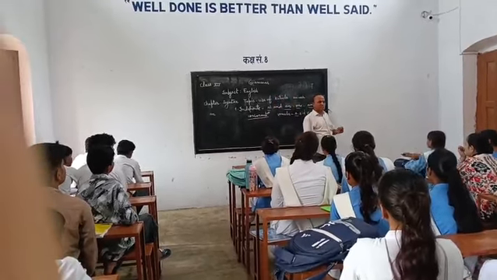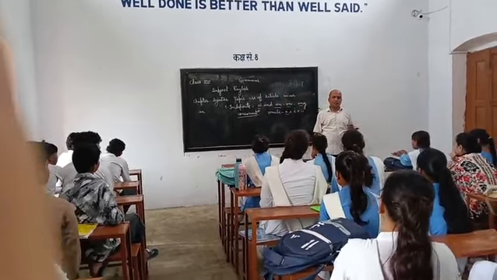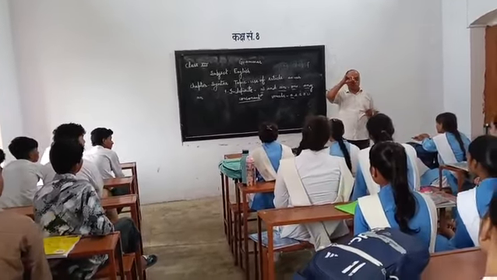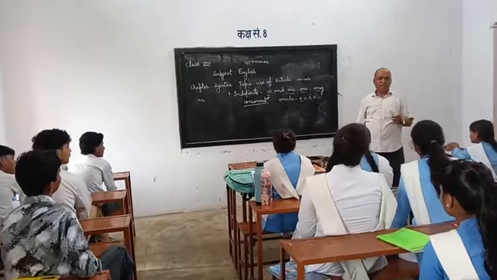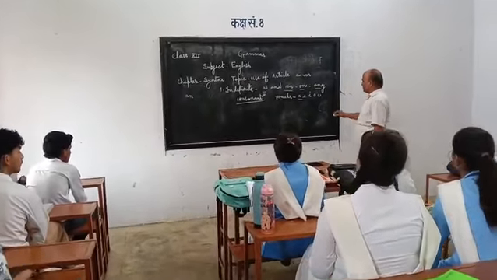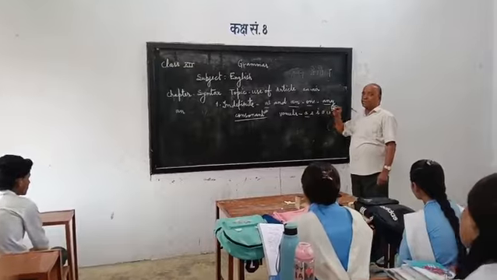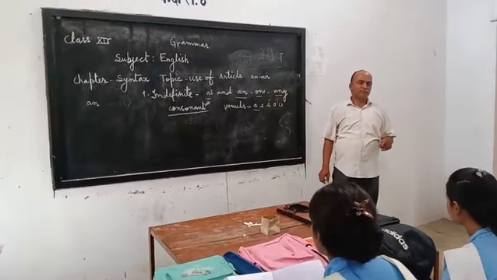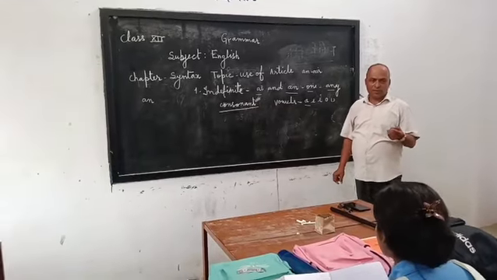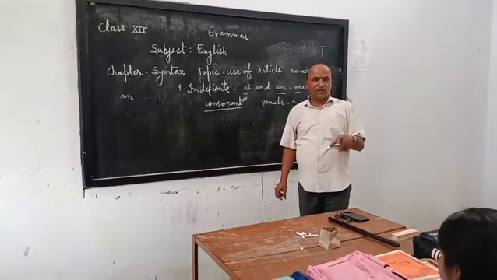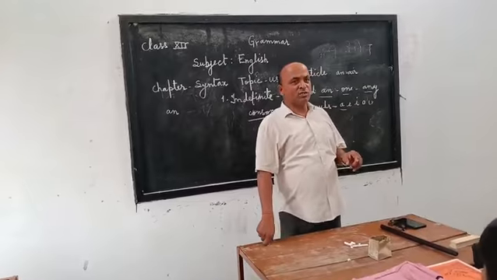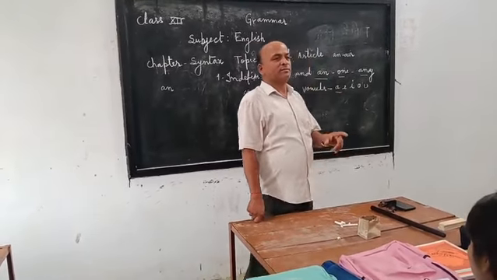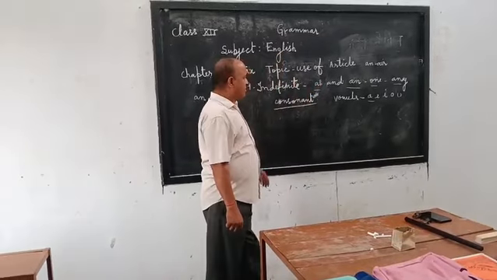If the pronunciation is not vowel, you have to use a. If the word begins with a vowel and is also pronounced with a vowel-like sound, then you have to use an. Otherwise, if the consonant sound is there, you have to use a, not an.